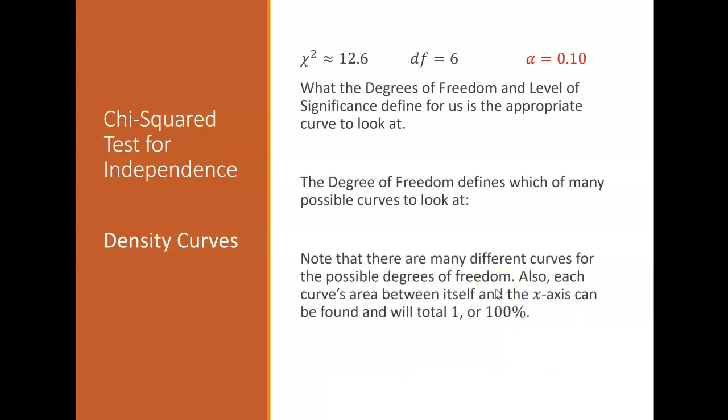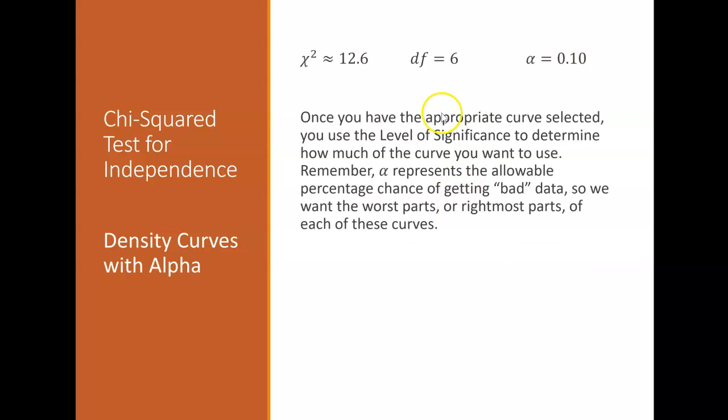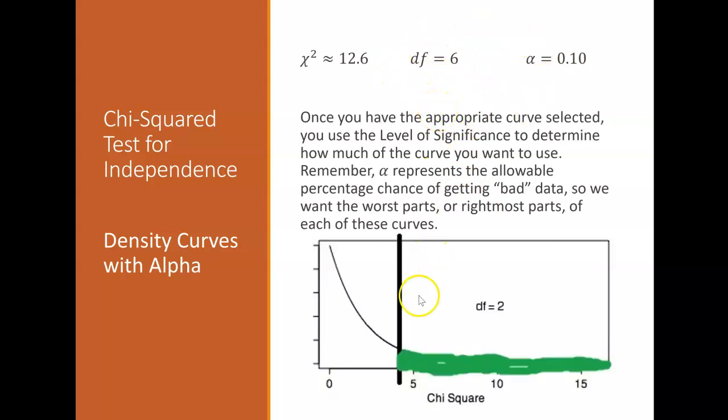All right. So we have all this assigned. Once you have the appropriate curve selected, for example if the degrees of freedom is 2, and you assign your level of significance to see how much of the curve you shade, so maybe that's our shading.